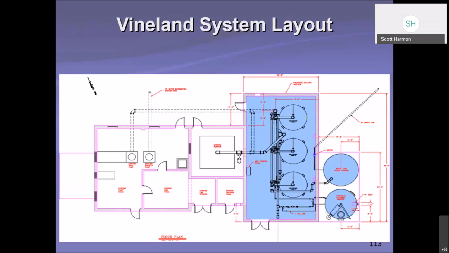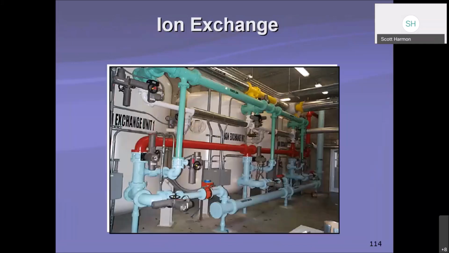Everything's connected together. So just a little layout schematic for you. Here's a picture of what it actually looks like in the real world. It looks just like a filter gallery, right? So they're ion exchange units instead of filtration units.